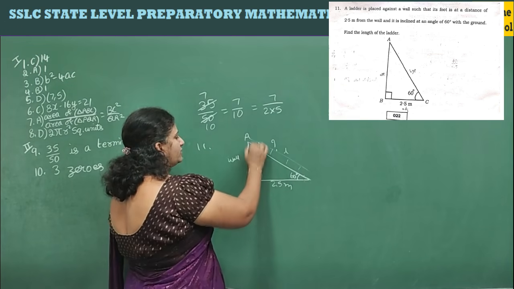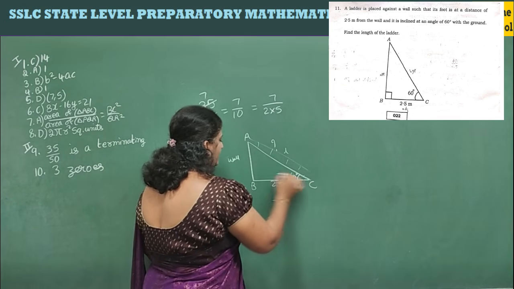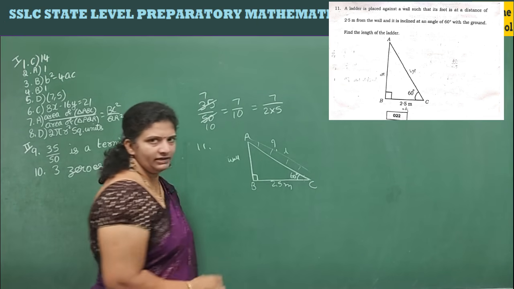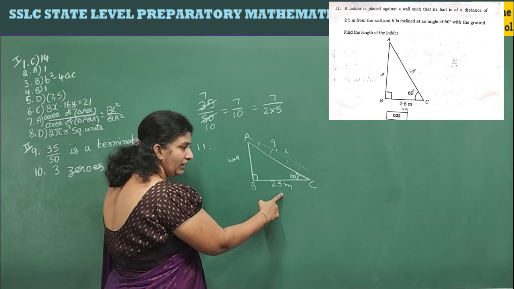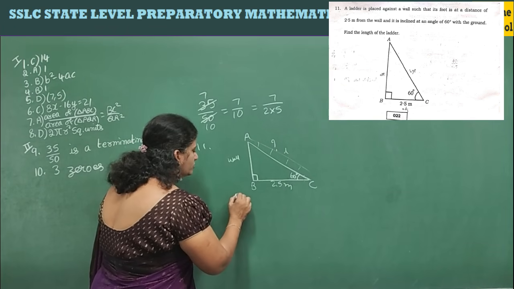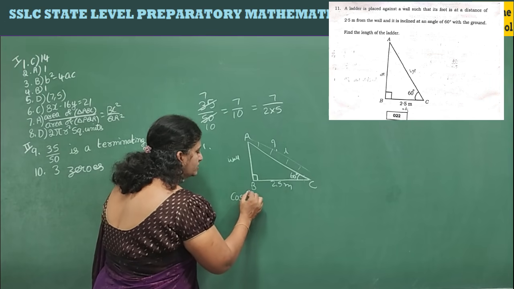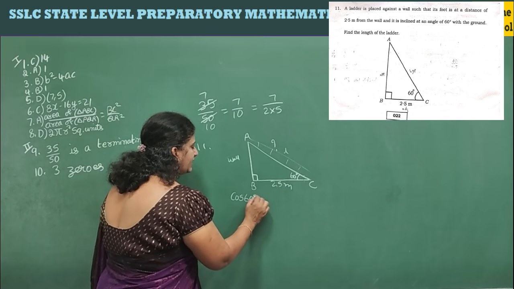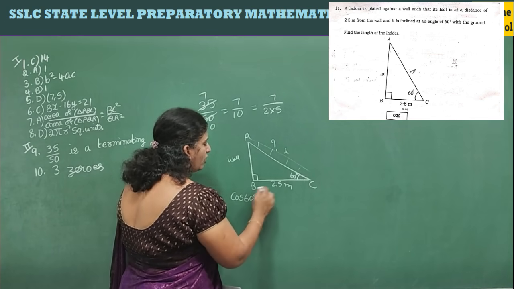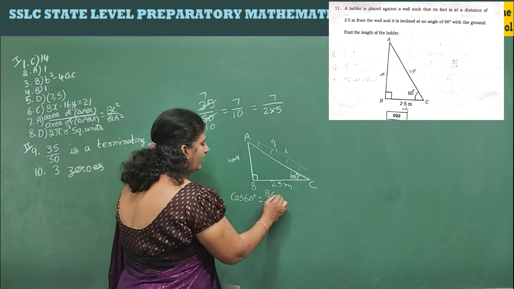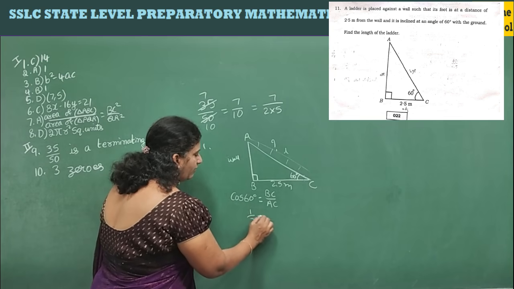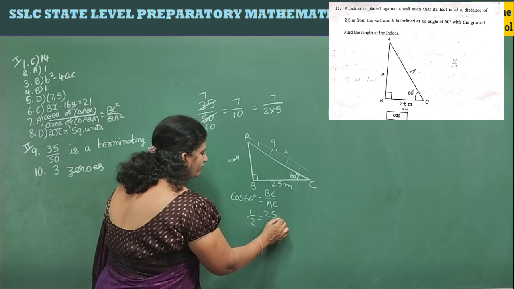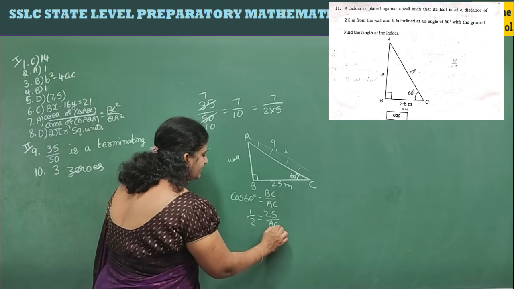So let me mark this A, B, C. The wall will be perpendicular. Observe here. I need the hypotenuse and I know the adjacent side, so we go with the cos ratio. Cos 60 degrees is equal to adjacent by hypotenuse. Cos 60 value is 1 by 2. BC is 2.5 by AC.